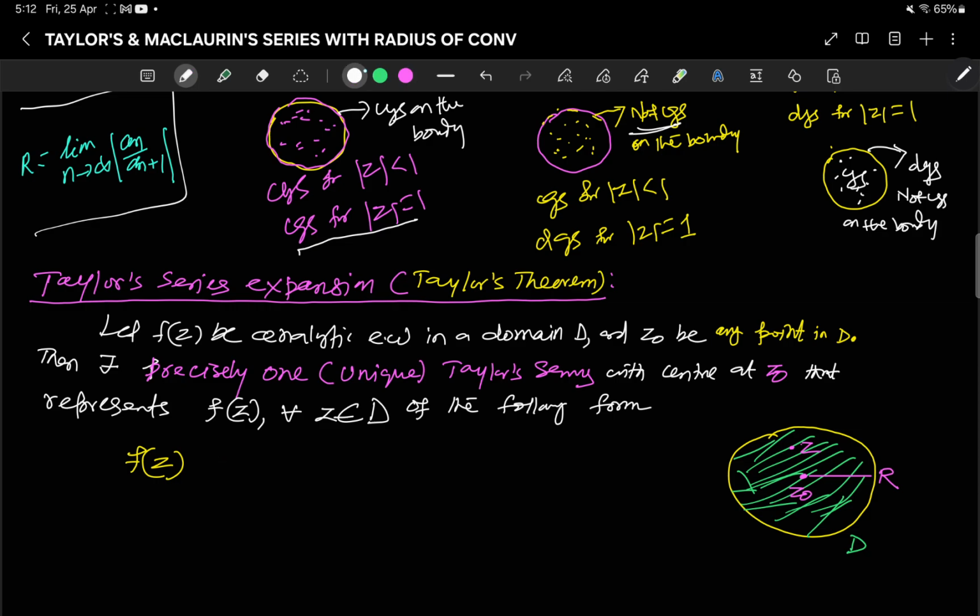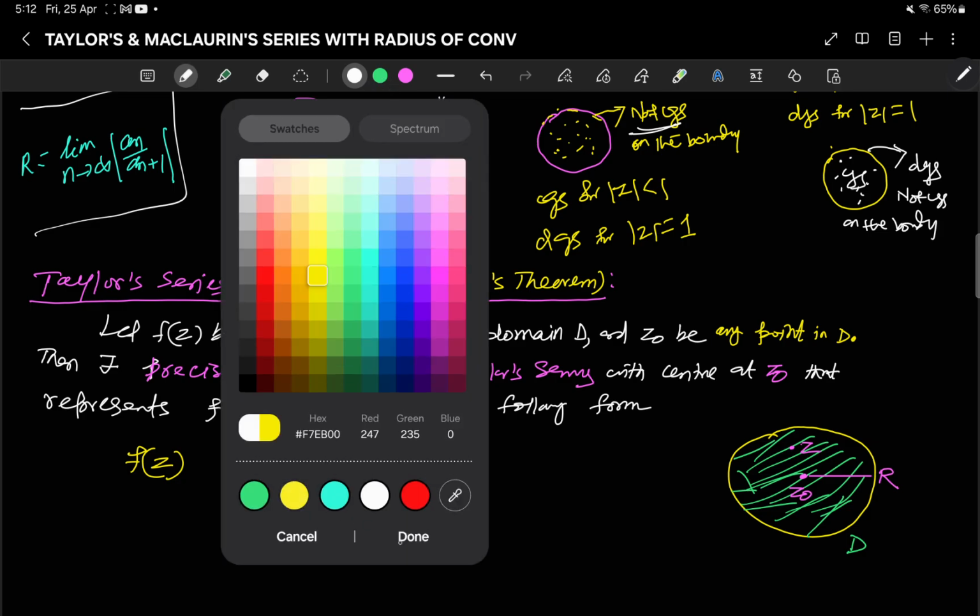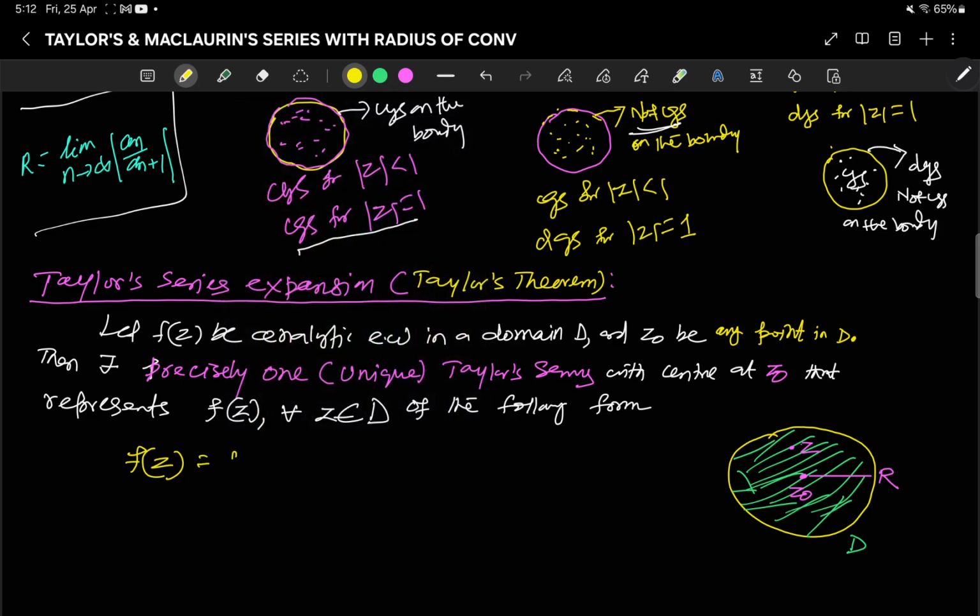we can find the Taylor series expansion of the following form: f(z) is equal to f(z0) plus (z minus z0) f'(z0) plus (z minus z0) squared f''(z0) by factorial 2, plus so on.